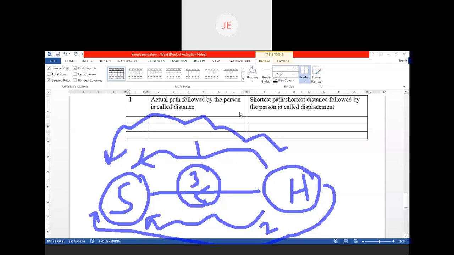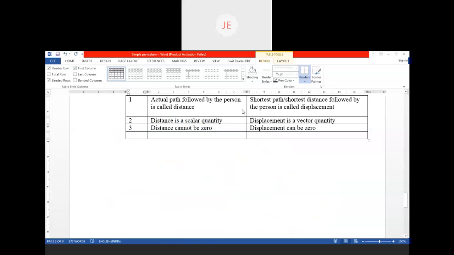So that lift path is the shortest path, and the stairs path is somewhat longer. That lift path we call displacement, and moving through stairs is called distance. By the above examples, we can conclude that distance is a scalar quantity and displacement is a vector quantity.